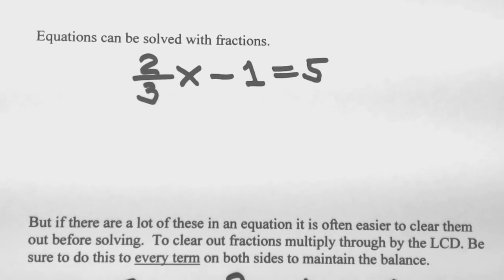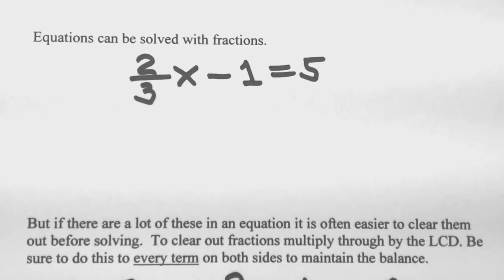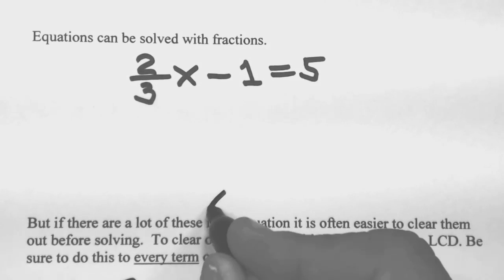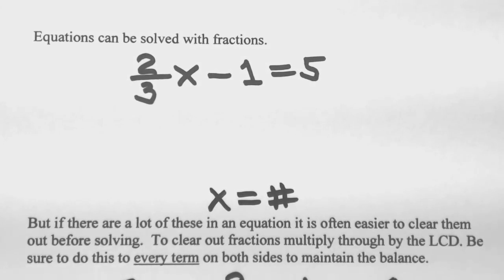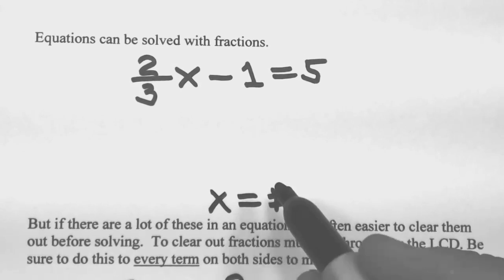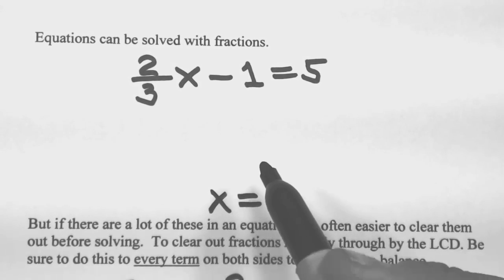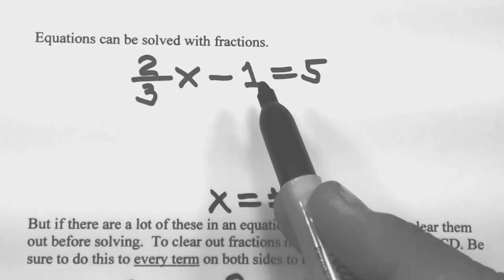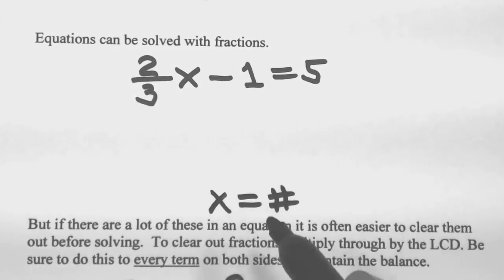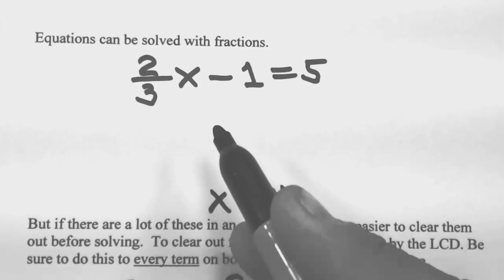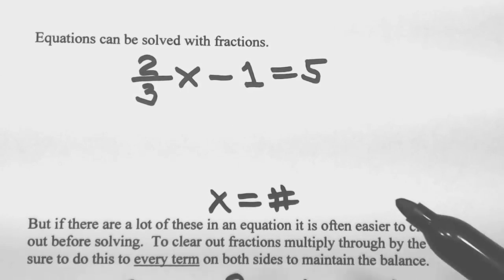Like we've been doing recently, we'll remind ourselves what our goal is: x equals whatever number the answer happens to be. So we'll identify what we've got to move. There's no cleanup to do on either side, no parentheses or like terms, so we're ready to start the moving.